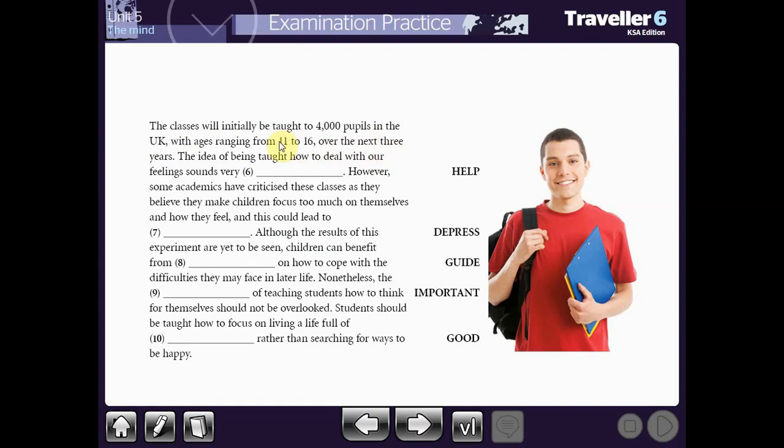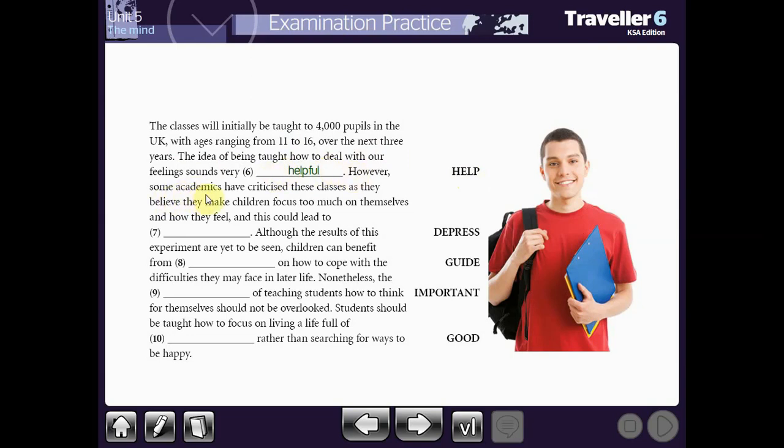Over the next 3 years, the idea of being taught how to deal with our feelings sounds very. Help, it is a verb. We don't want a verb here. We want an adjective. So we will add the suffix full. It will be helpful.